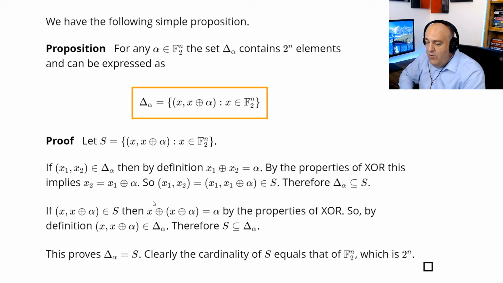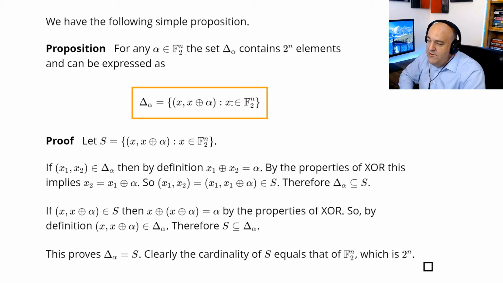And when we add these up, we get alpha. So by the very definition of the difference set, this ordered pair has to be in it. So S is a subset of delta alpha. When I combine the facts that both of these subsets exist, it necessarily proves the equality of the sets. That's just a standard technique of proving two sets are equal.